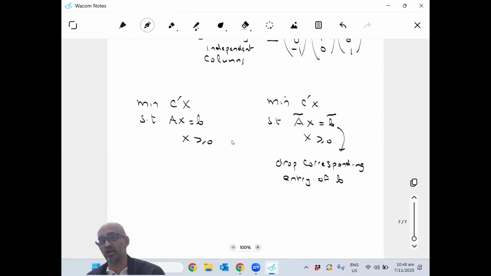I have one fewer constraint. There were n equalities before, and there are n minus 1 equalities here. So you can develop simplex on this.